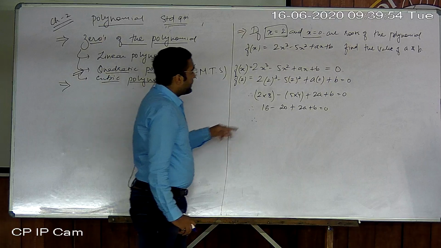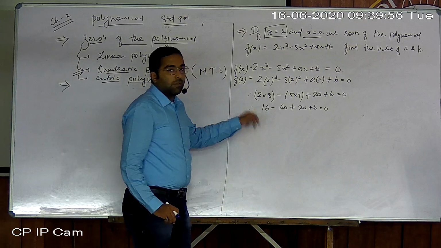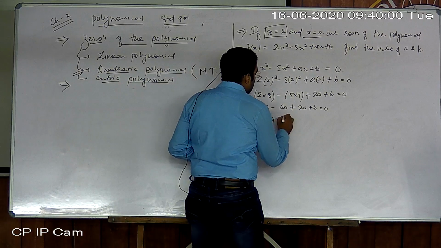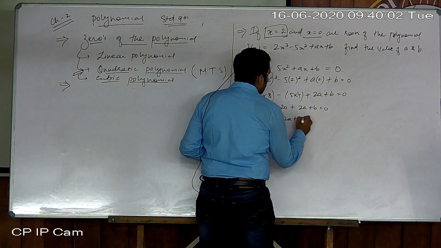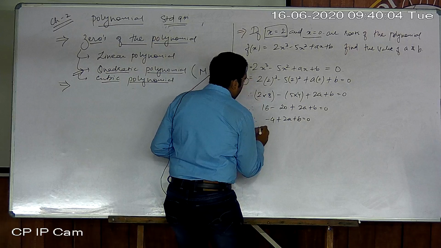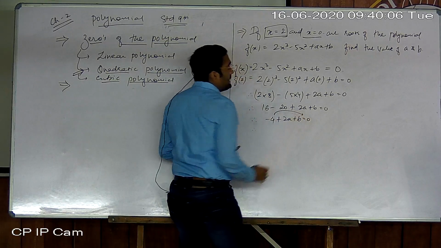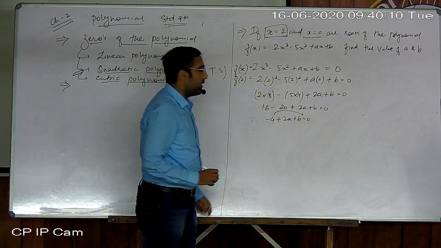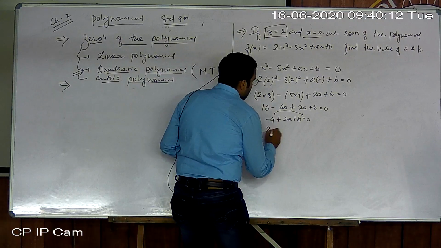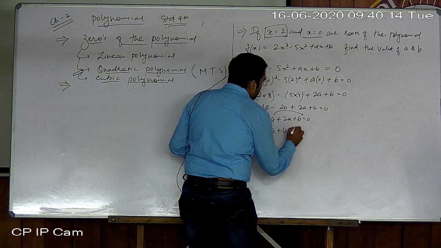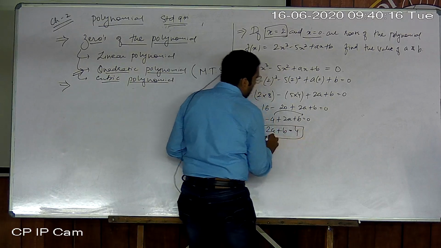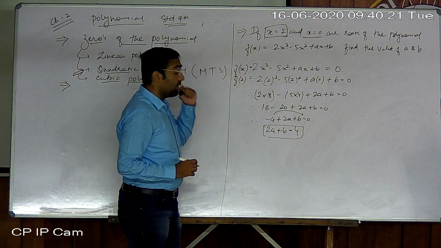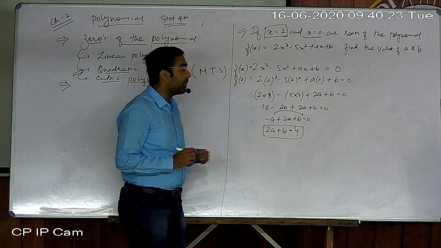Therefore 16 minus 20, that is minus 4, plus 2a plus b equal to 0. Minus 4 shifted to the other side, so my answer is 2a plus b equal to 4. Okay, here you find one equation.